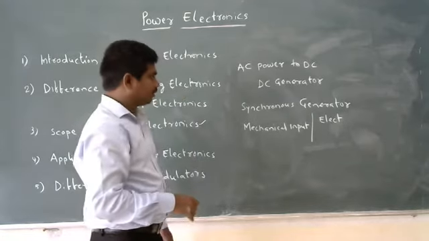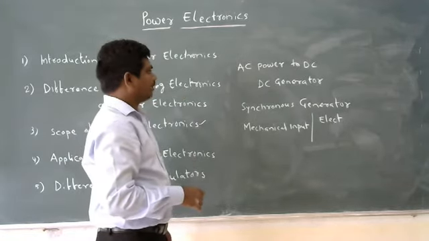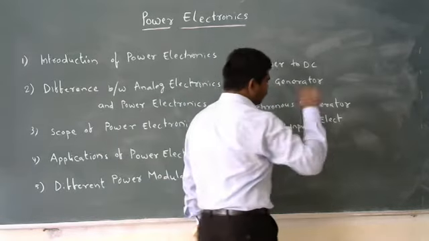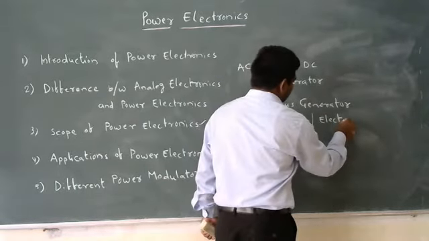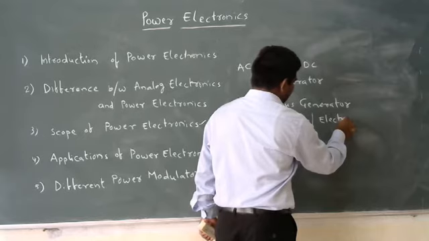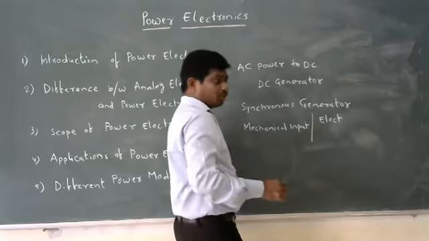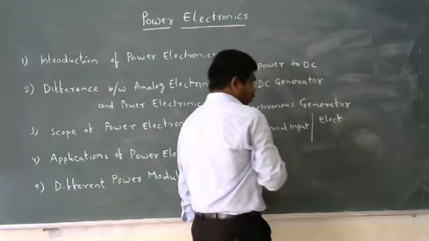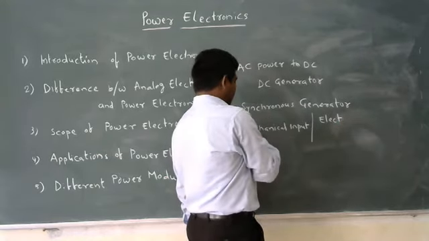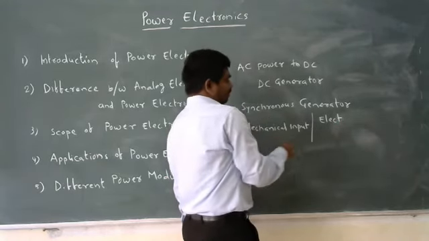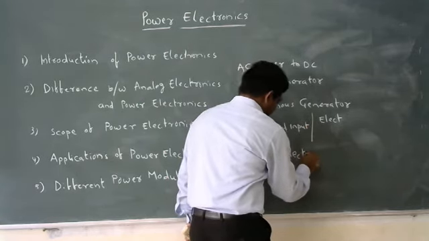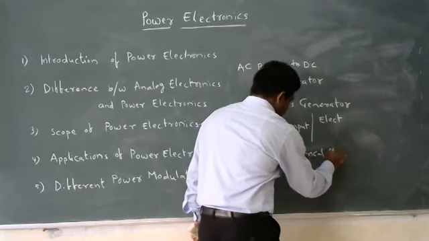In old days, it was very easy to convert AC power to DC using only a DC generator. So here we use a DC generator to feed the DC supply to the field winding of the synchronous generator, so that the operation goes very smoothly and we get the electrical output from the synchronous generator.